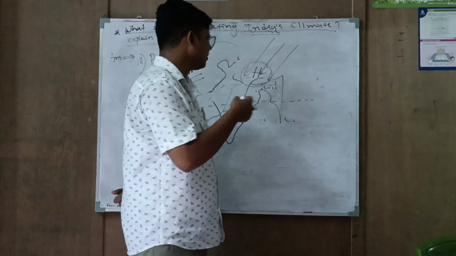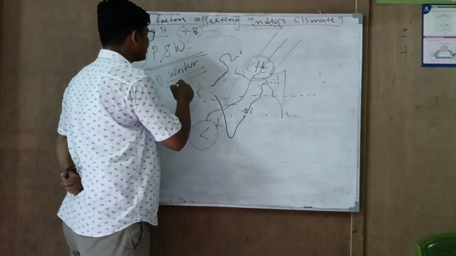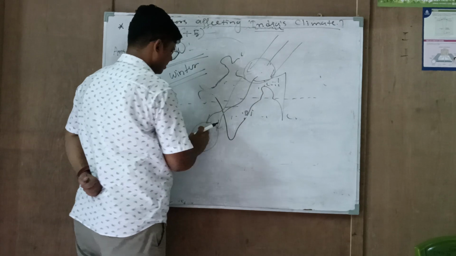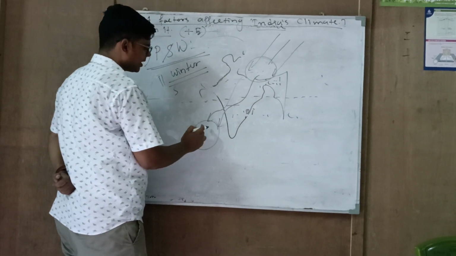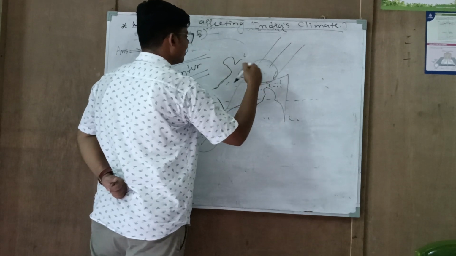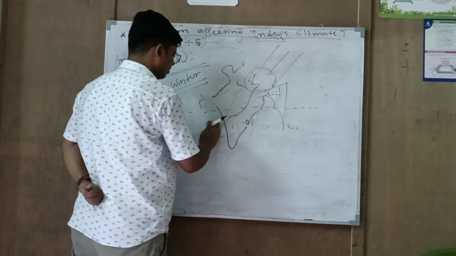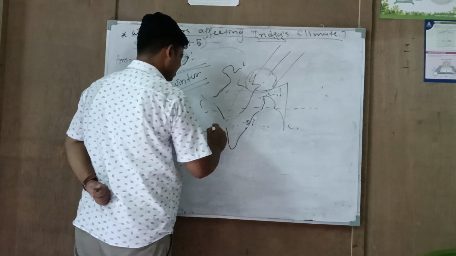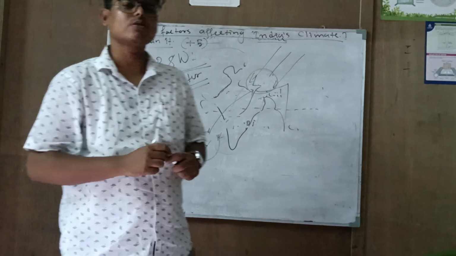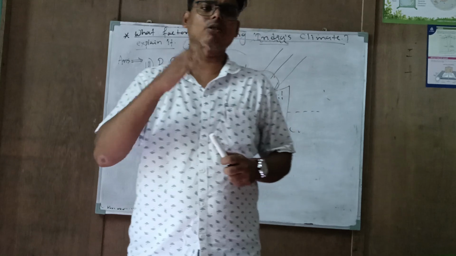And if I talk about the advancing monsoon season, the pressure belt is opposite. High pressure develops over the Indian Ocean and low pressure develops in the northern area. Therefore, in the summer advancing monsoon, wind travels from the ocean to the land, and these winds bring lots of moisture from the Indian Ocean.